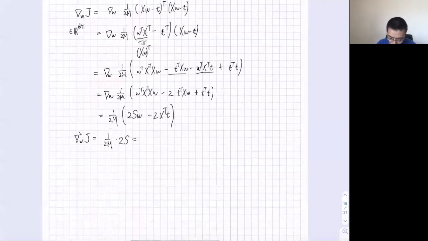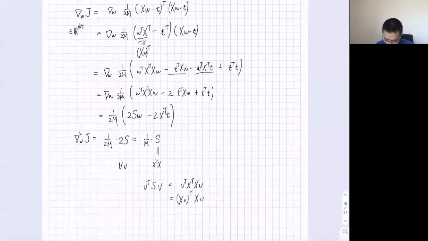And you get 1 over m times S, and I know S is defined as X transpose X. This term is positive semi-definite because for any vector V, V transpose S V gives me a scalar, which is V transpose X transpose X V, which is the norm squared of XV, which has to be non-negative.